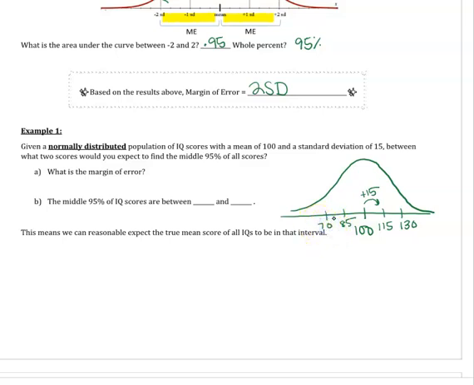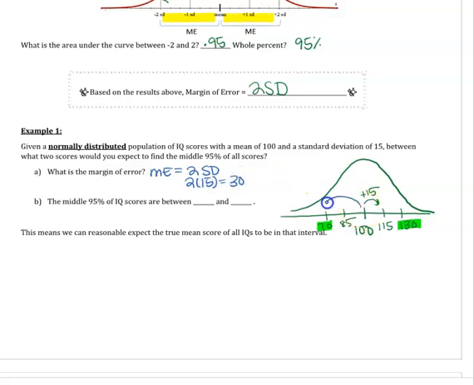So to answer the first question, between what 2 scores would you expect to find the middle 95% of all scores? I actually know it's going to be these 2, because that's going to capture that middle 95%, which is 2 standard deviations on either side of the mean. Now, walking through these questions, where it says, what is the margin of error? Well, margin of error is just 2 times the standard deviation, which they told me was 15.